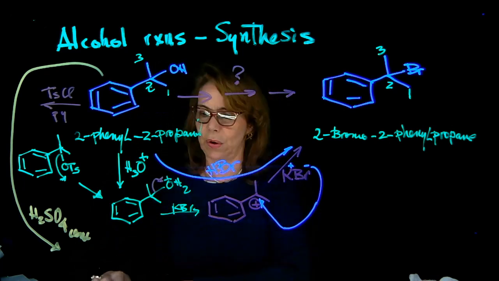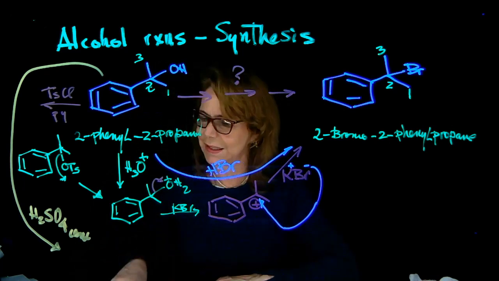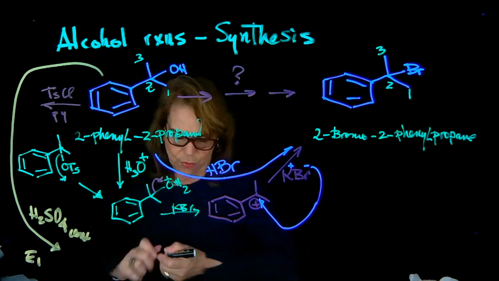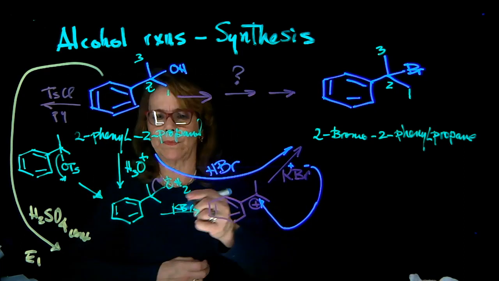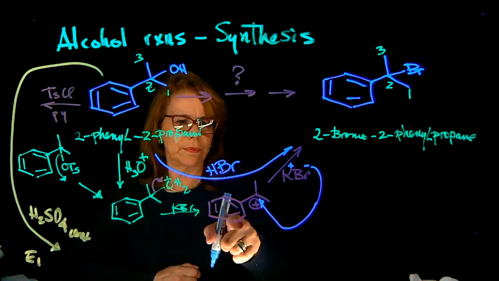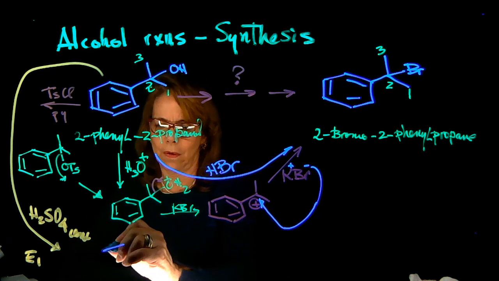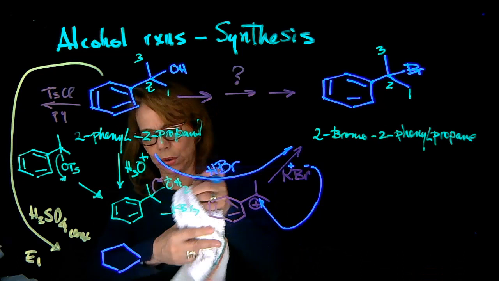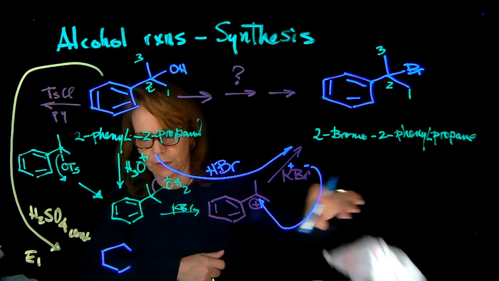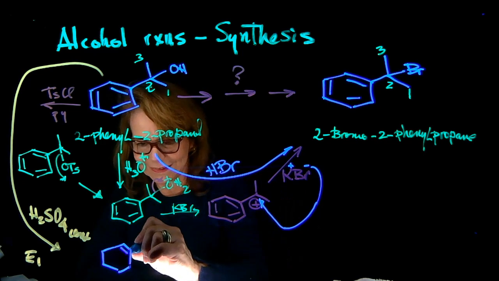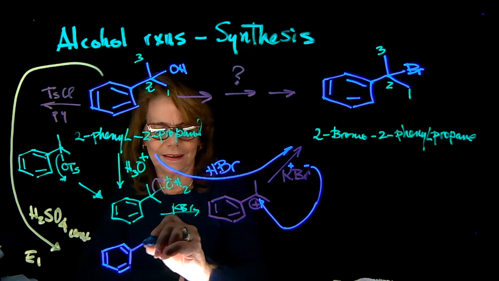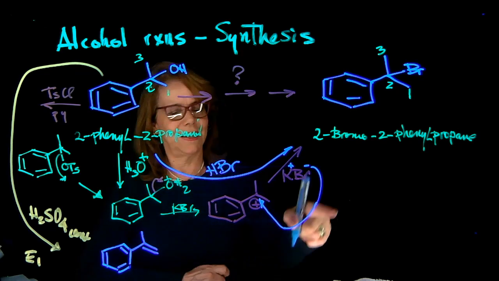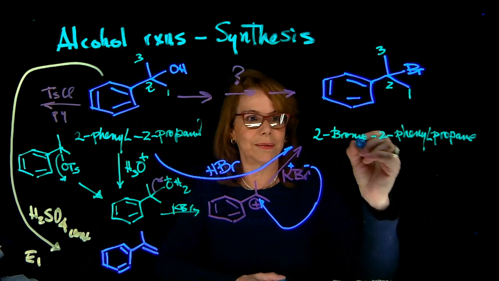It goes through a carbocation intermediate, that's E1, but under those conditions we will form the alkene. So this is the E1 product, the alkene, and this is the SN1 product.